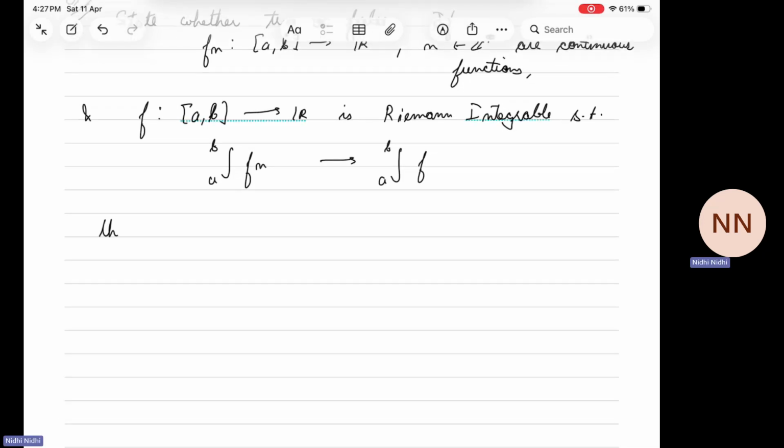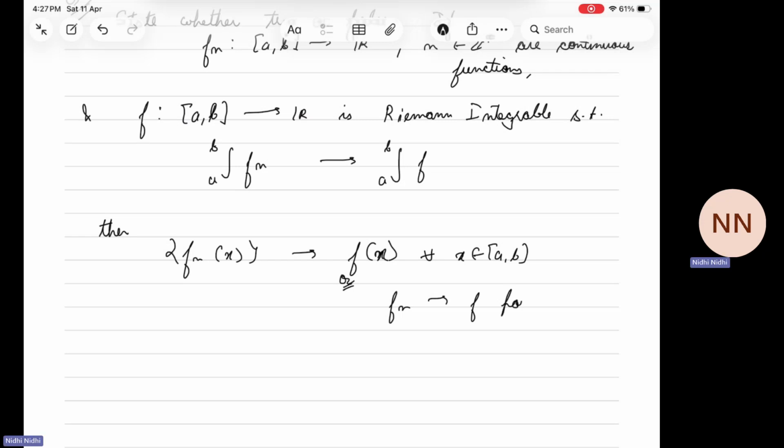Then they are saying that the sequence fn(x) converges to f(x) for all x in ab, or that fn converges to f pointwise.